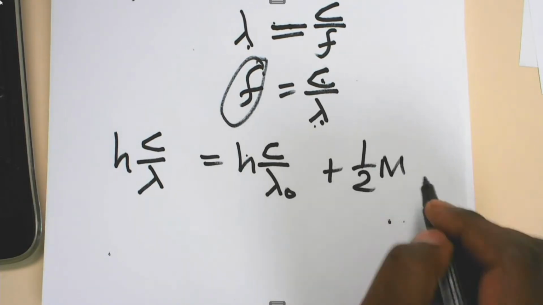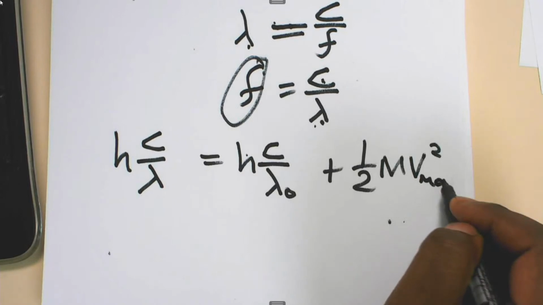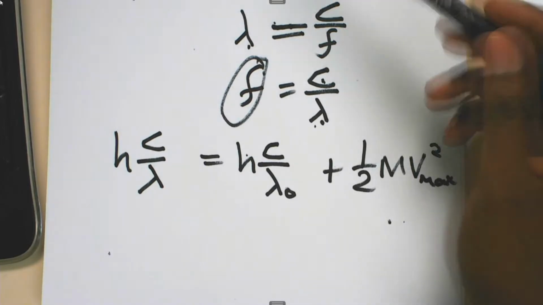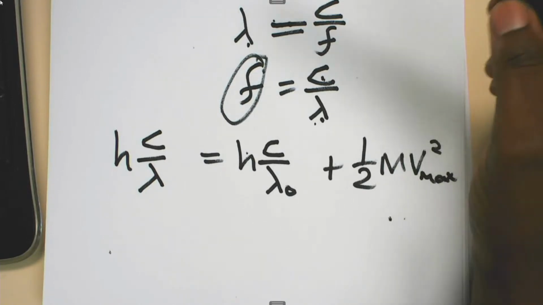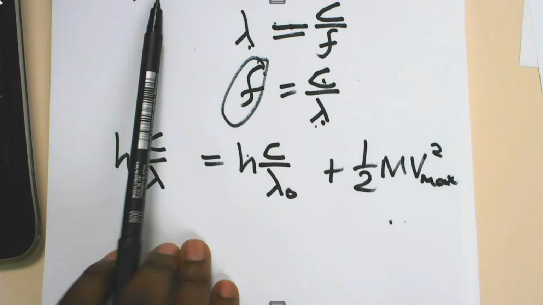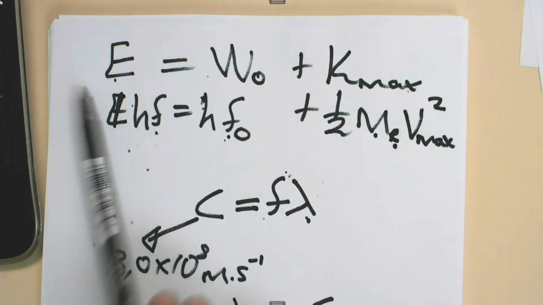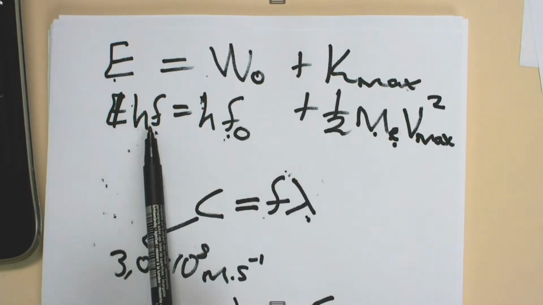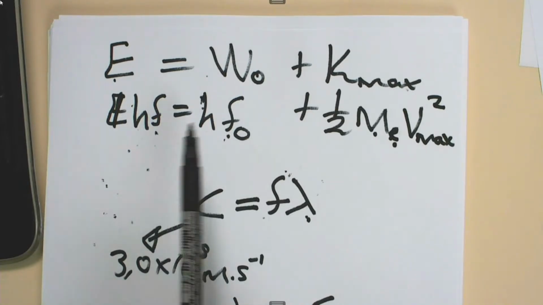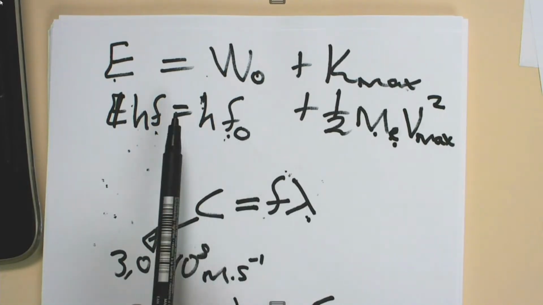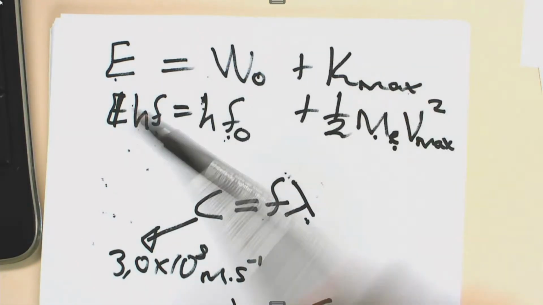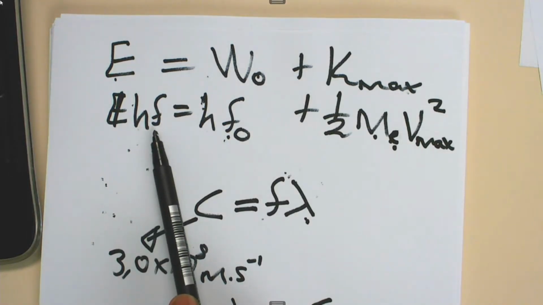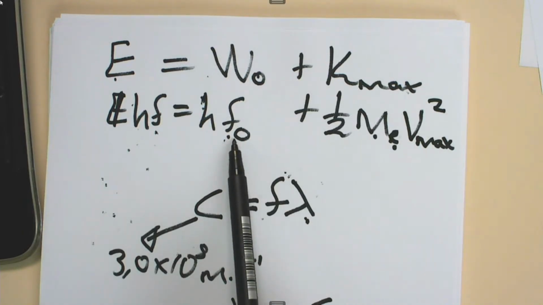And then on this side, we still have half mv squared max. I am expressing this formula of the photoelectric effect in different ways, because sometimes we will not be given the work function or the energy of the photon. Sometimes we'll be given the frequency and the threshold frequency. If that is the case, then we need to move from this formula to this formula so that we can substitute our frequencies, the frequency of the light and the threshold frequency.